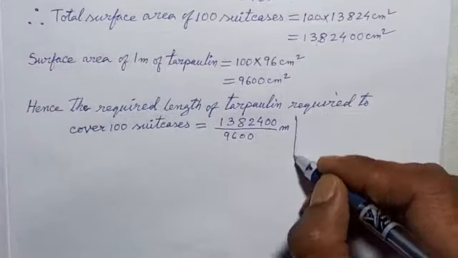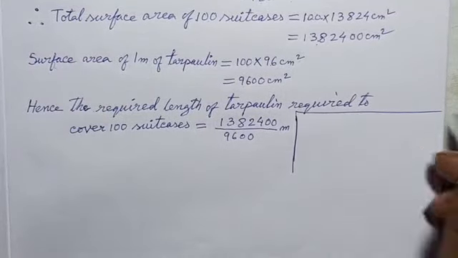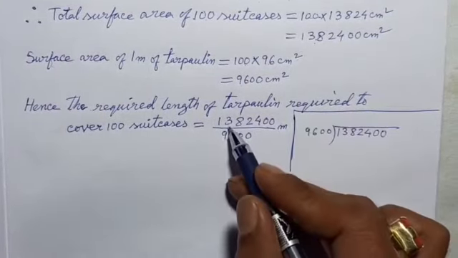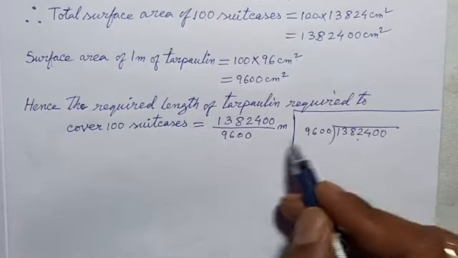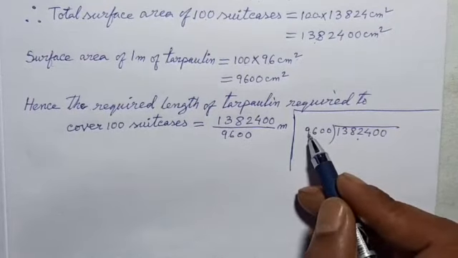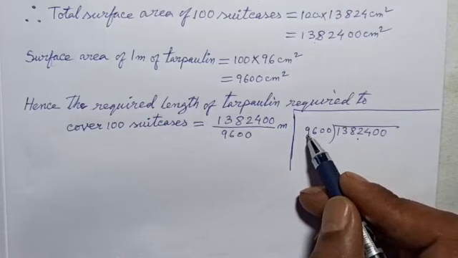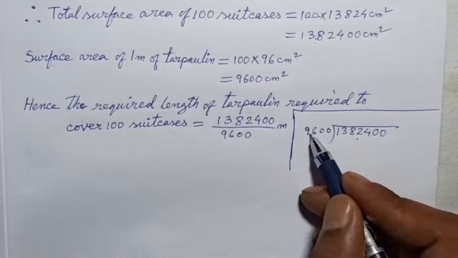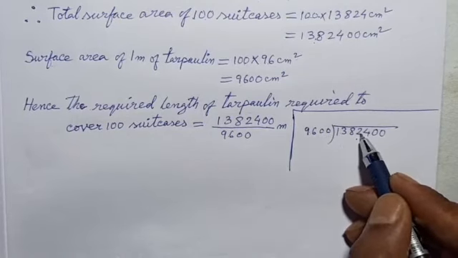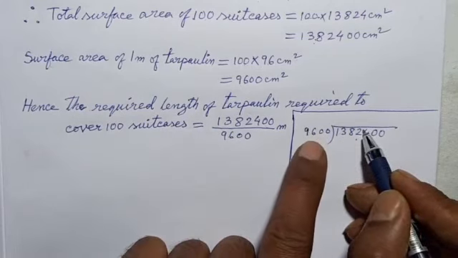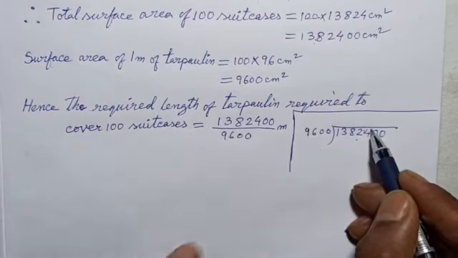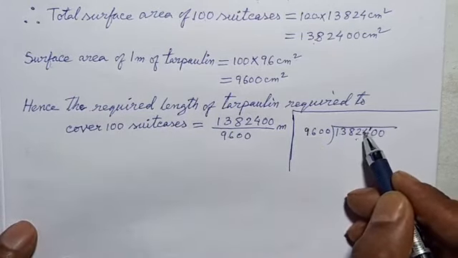So let us divide on the side. These numbers we are writing here, and let us divide by 9600. Here 4 digits are there. If we compare this 4 digit and this 4 digit, this is bigger, so we will take up to this.